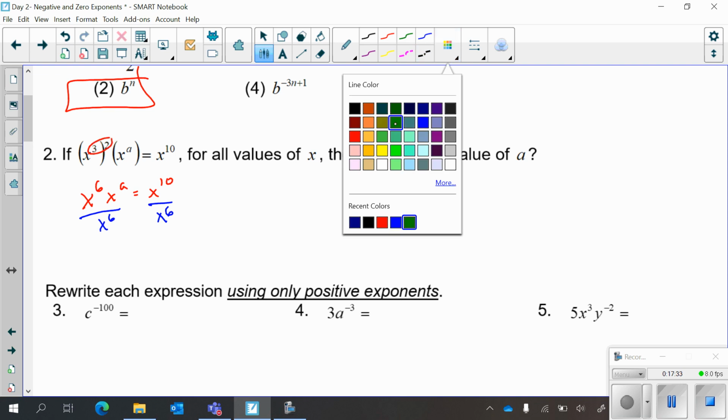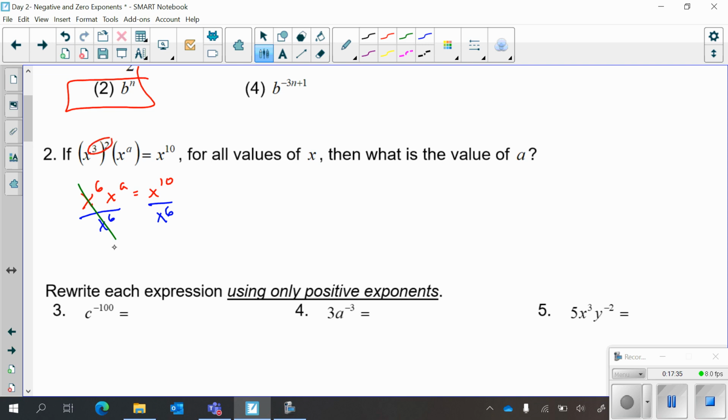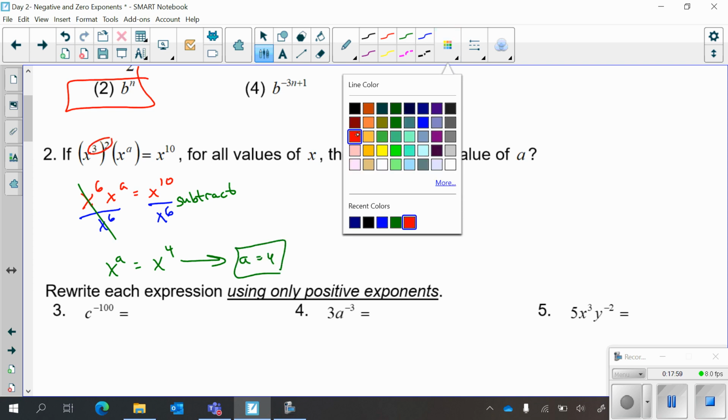So if you were to do that, the x to the 6's cancel, and you get x to the a equals, let's see, 10 minus 6, because you would subtract, that would be 10 minus 6 is 4. So this would tell me that a is equal to 4 because the exponents have to be the same value.